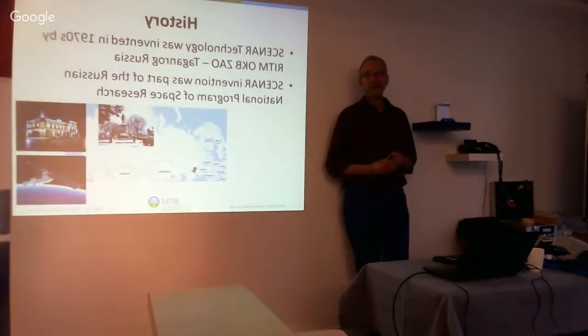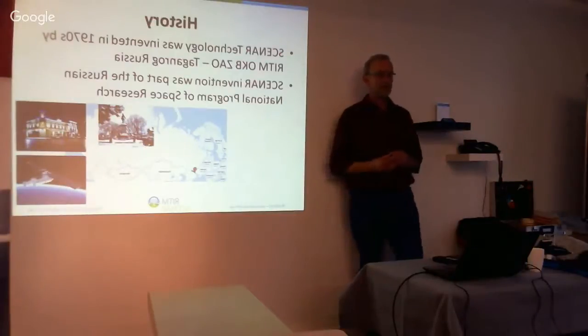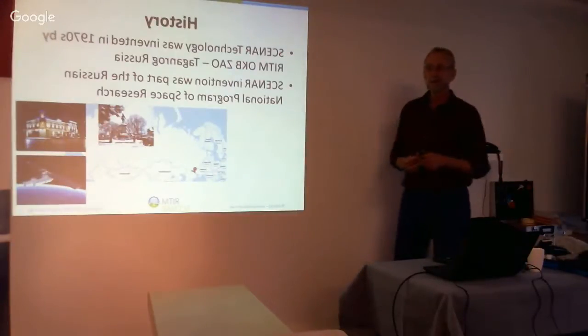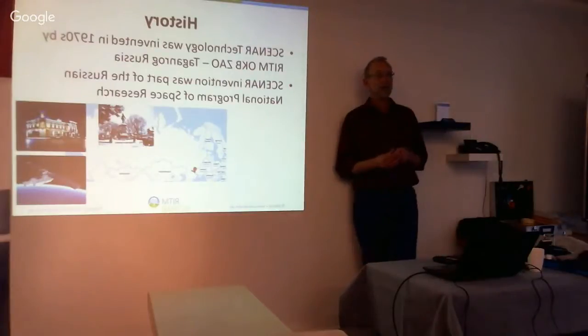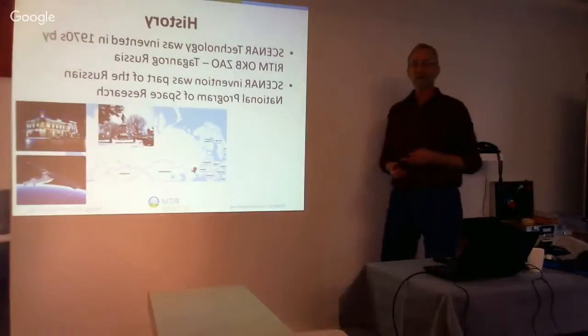Scenar is an interesting concept that has been developed over the last 35 years in Russia, and the first devices were sort of produced in Russia in the 1970s and 80s, and after the collapse of the Russian Republic, the Scenar was actually introduced into the Western world, which is about 15-16 years ago.